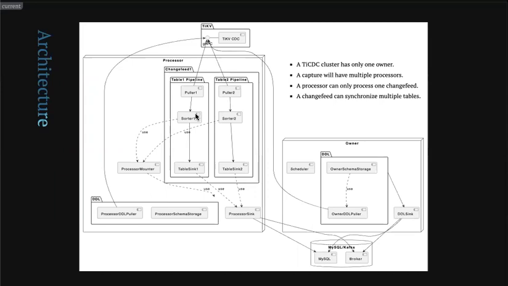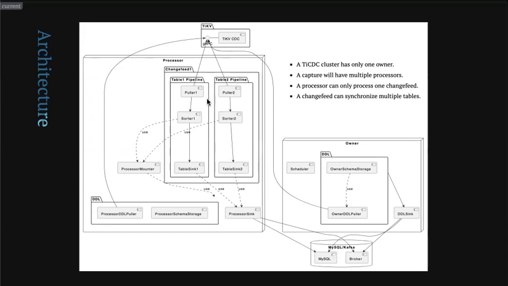It's responsible for sorting the data because we receive the data randomly. The third one is the mounter. It's responsible for decoding the data because we receive a bunch of raw KV. We can't just send it to downstream. And the last one is a sink. It's responsible for sending the data to downstream, like MySQL or Kafka.